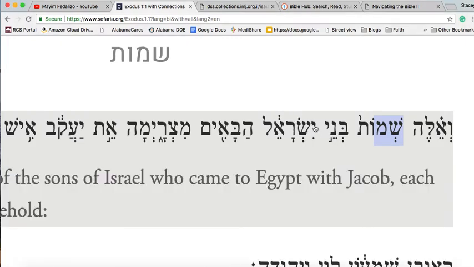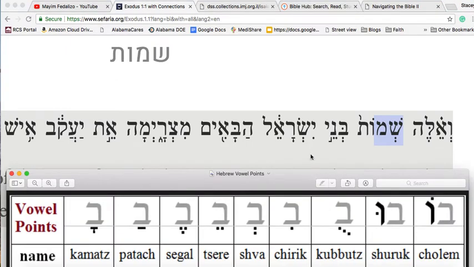We have a yud. Let me pull this back up here. We have a yud with a chirik under it. So it's going to go yi. Then we have a sheen, a seen with the dot over there. So it's going to go yis. Resh with an ah sound, the kamats. So yis, ra. An aleph with a siri under it.